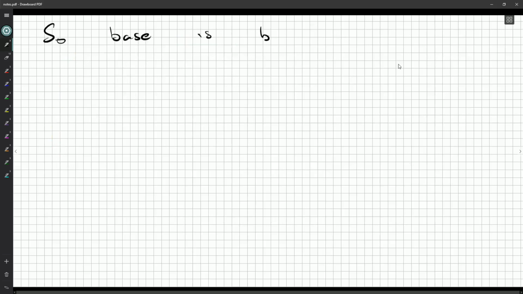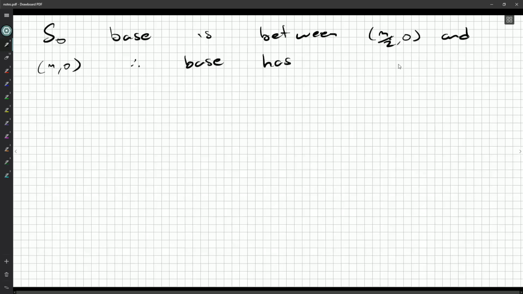So the base is between (m over 2, 0) and (m, 0). So the base has length of m minus m over 2, or just m over 2.